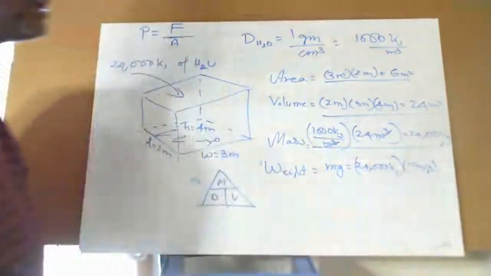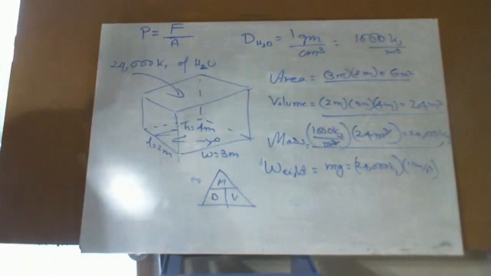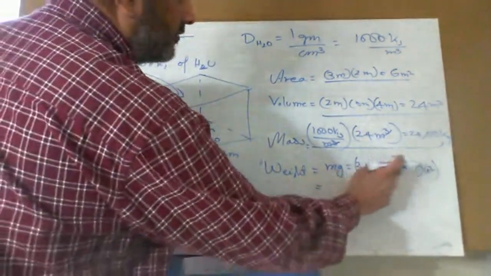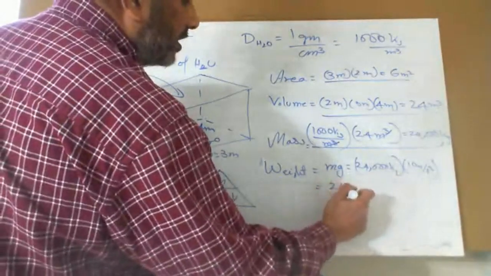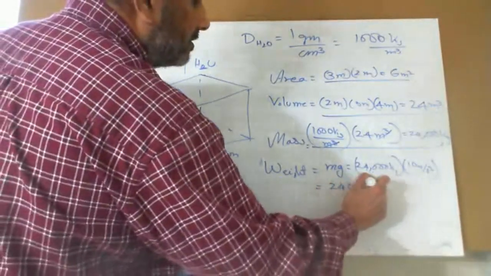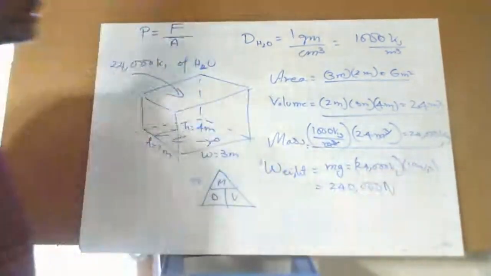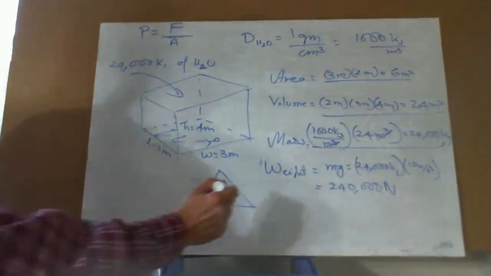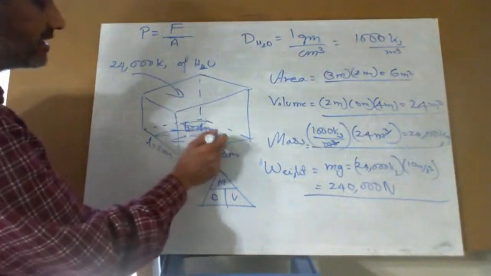In the exam, if you're given this problem, you can take it as 10 meters per second squared. Right? So what is the weight? 24,000 times 10 is 240,000 newtons, kilograms times meters per second squared. So that would be the weight. So this is the weight that would be felt at the bottom here.